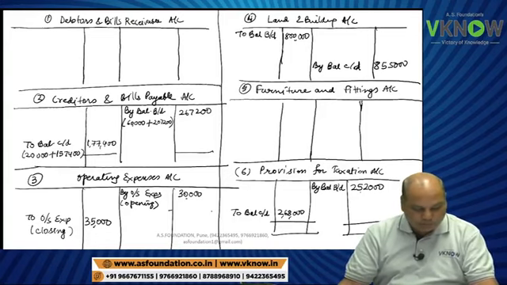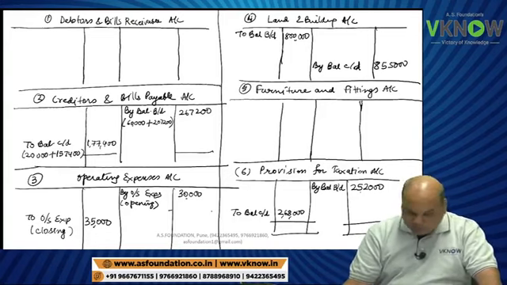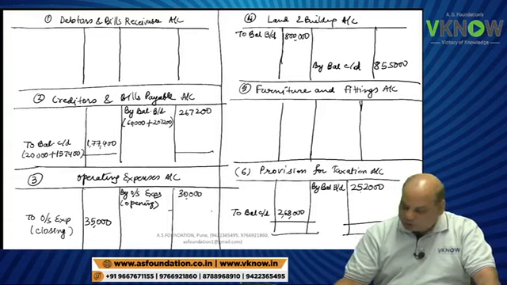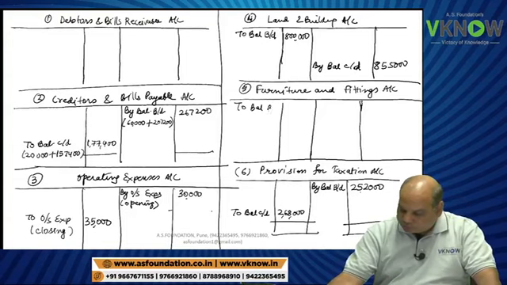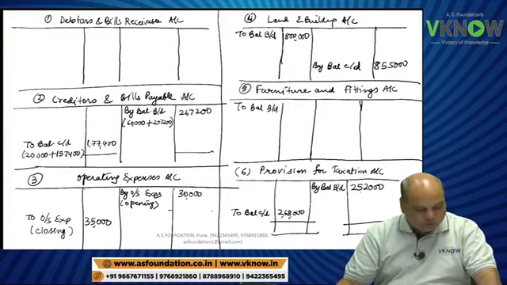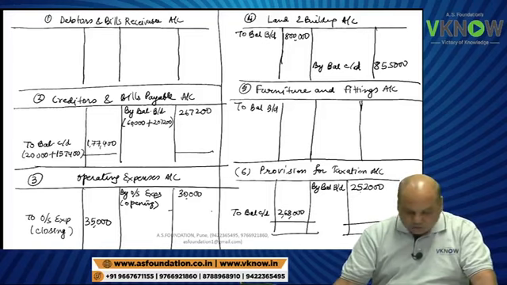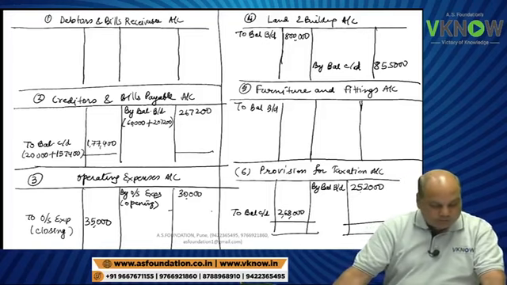Now the next item is furniture. To balance brought down is how much?